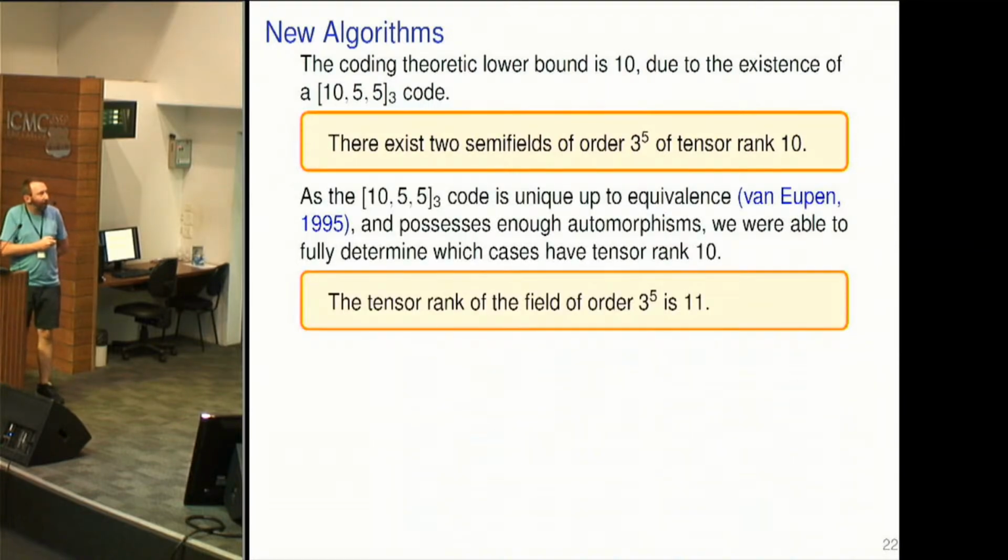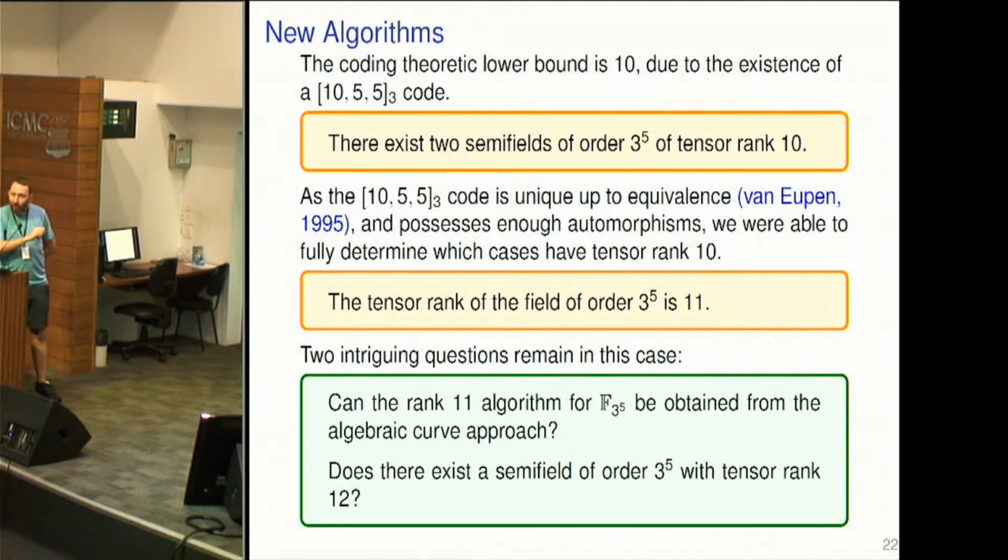And by a little bit of coding theory tricks, I'm running short on time, so I'm not going to spend time on it, but we were able to show with some clever theory to reduce a computation that the tensor rank of the field of order 3 to the 5 is 11, and that there are semifields of order 1 smaller. There are also some semifields that might have tensor rank 1 bigger, which is intriguing as well.